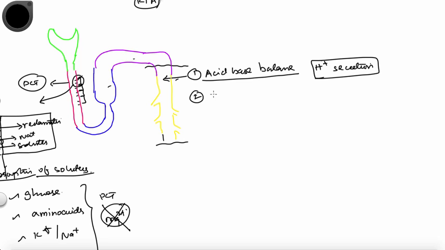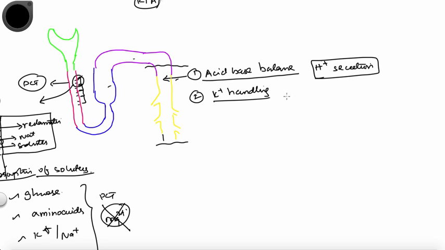And number two, the most important function is potassium handling. And yes, you have to know this, because a lot of people think it's only potassium secretion that is happening over here. It's absolutely wrong. It's actually potassium reabsorption as well as secretion, both happening in the distal part of the nephron.